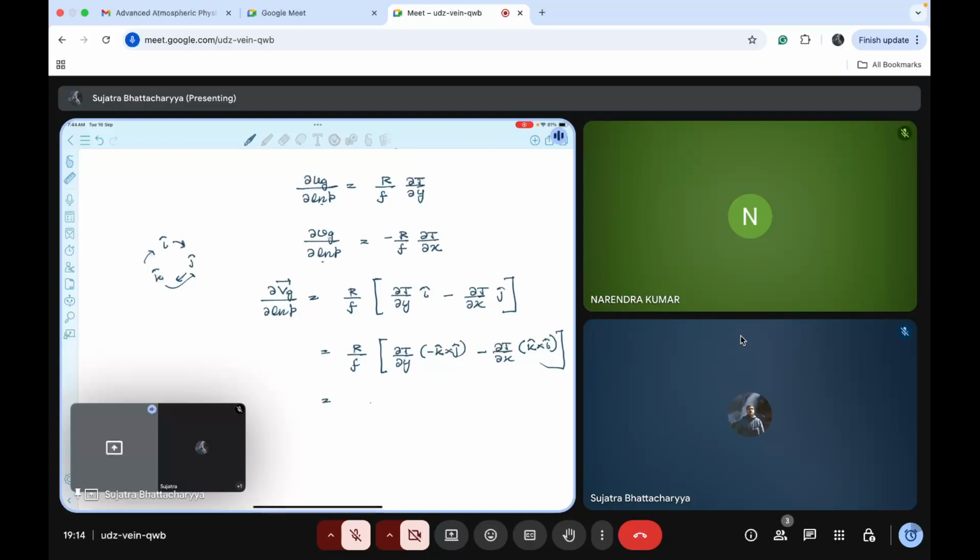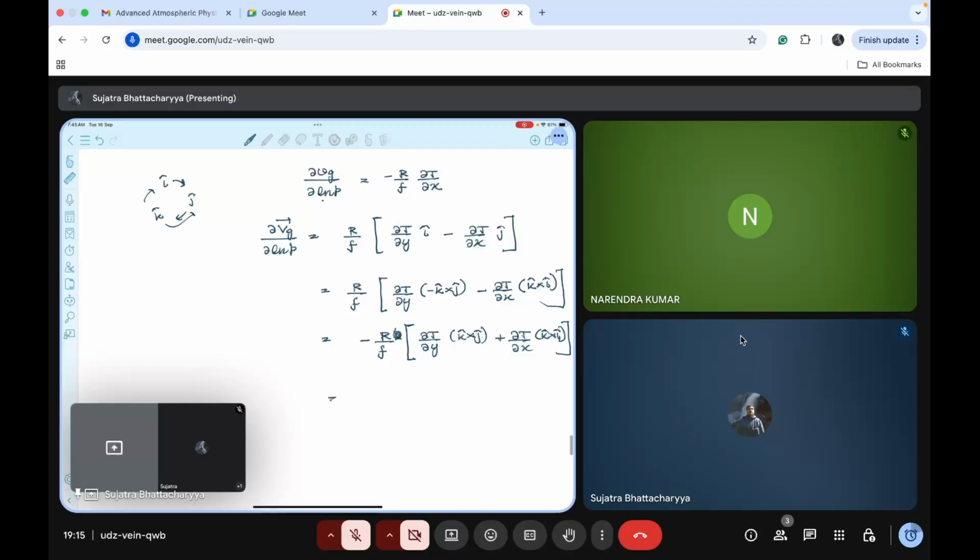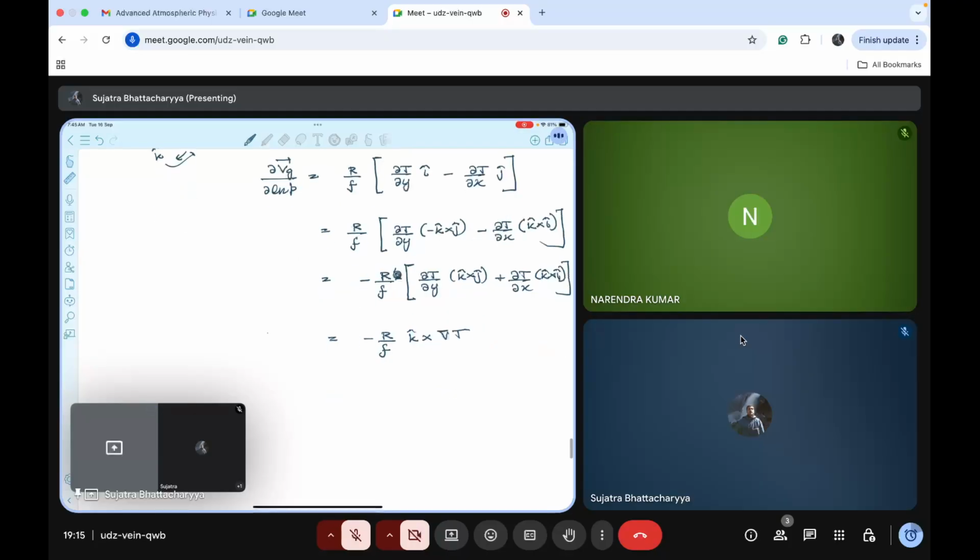So finally, we are getting a negative sign you can take common. You are getting a k, k cross j plus k cross i. Perfect. Finally, that's what you will get.